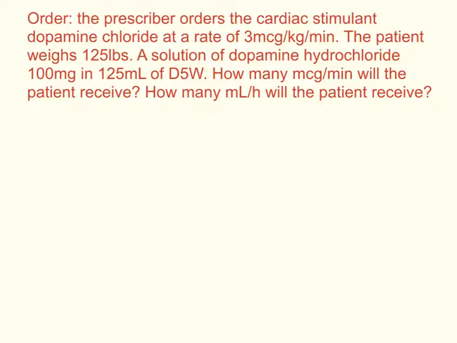So the first thing that we're going to do is focus on the order of 3 micrograms per kilogram per minute. Now, the patient's weight is given to us in pounds, so the first thing that we want to do is convert pounds into kilograms. So 125 pounds is going to be multiplied by our unit fraction of 1 kilogram is equal to 2.2 pounds.